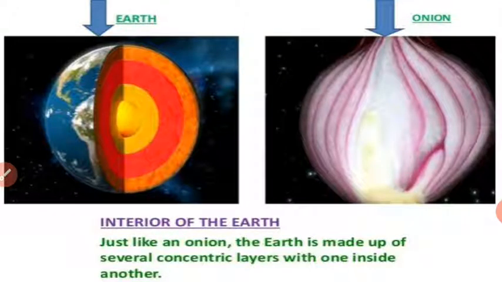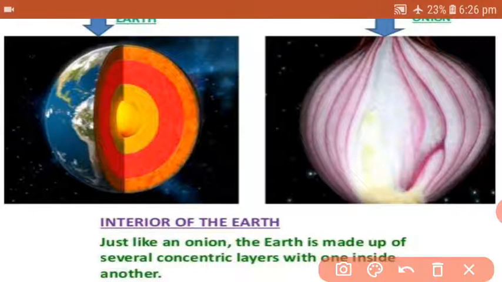As you can see in your textbook also, I hope that you would have read the chapter before, and if you have not read it, I request you to go through the chapter once and then come back to the video, please. In this picture you can find two pictures given: the first is of the earth with its internal layers, and on the right hand side the picture of an onion with a number of layers.